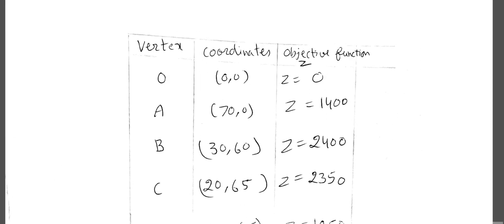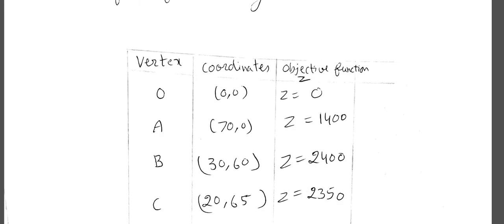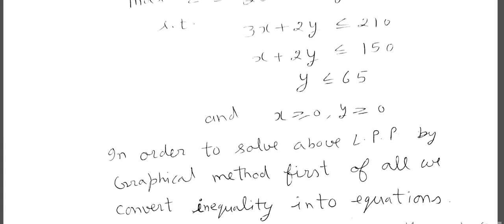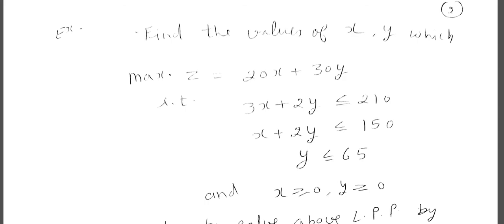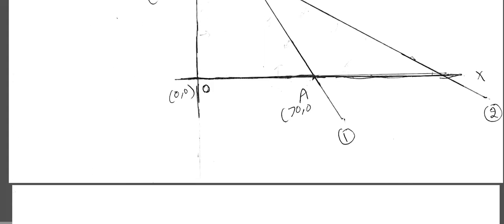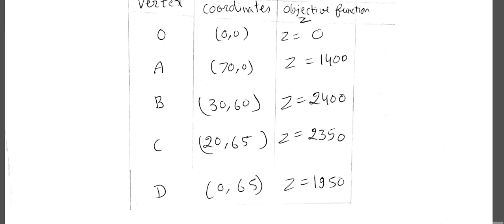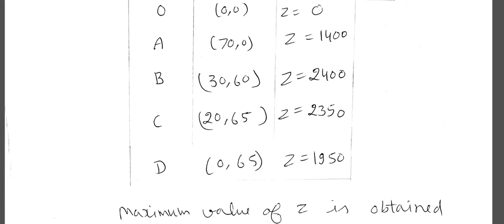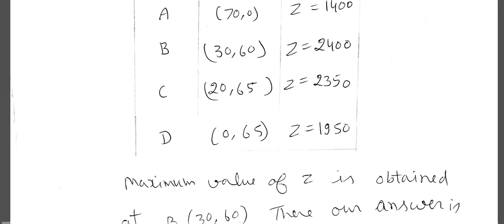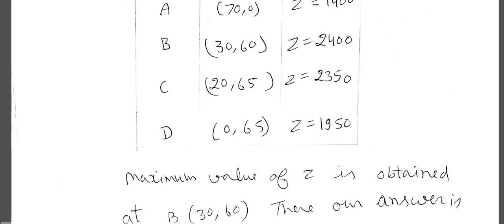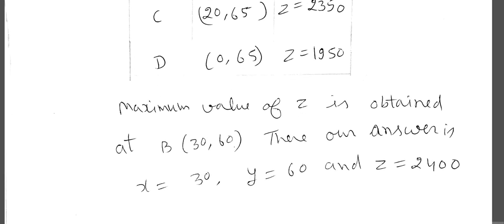For these values, the objective function z, which is z equal to 20x plus 30y. So for O, z equal to 0, for A, z equal to 1400, for B, z equal to 2400, for C, z equal to 2350 and for D, z equal to 1950.